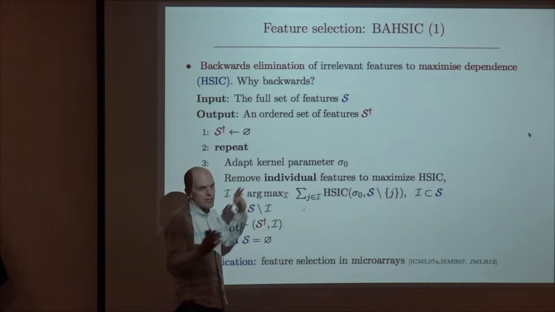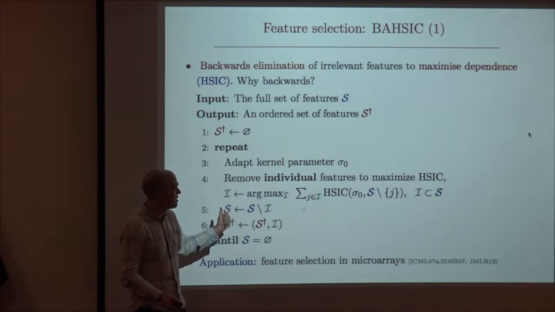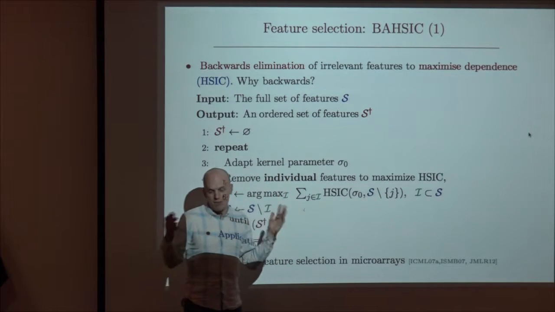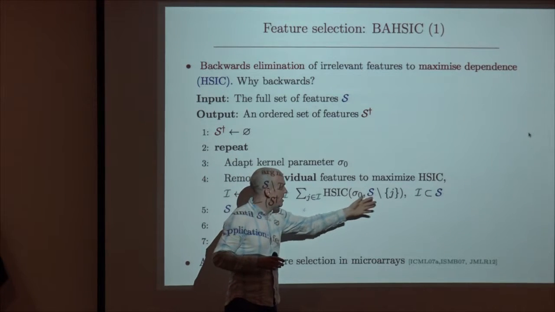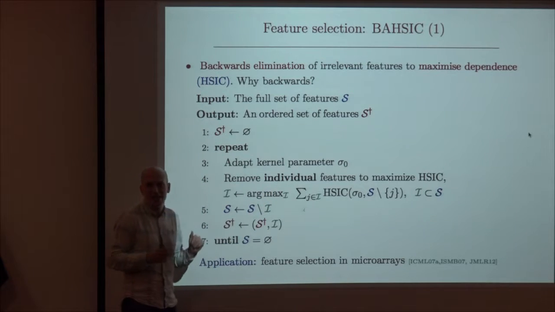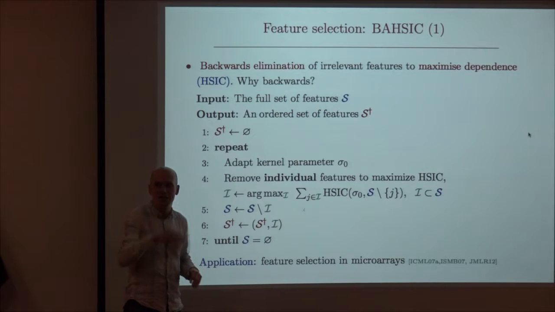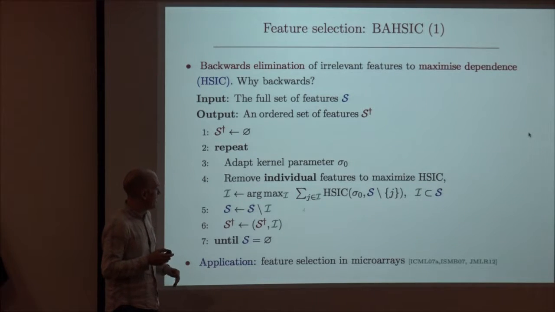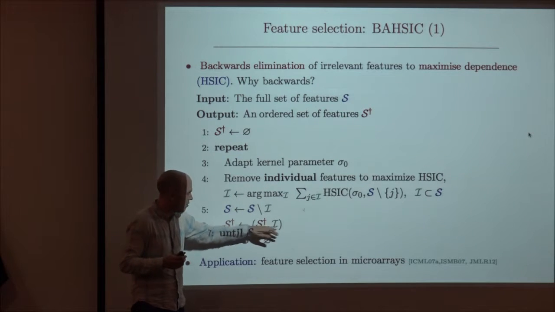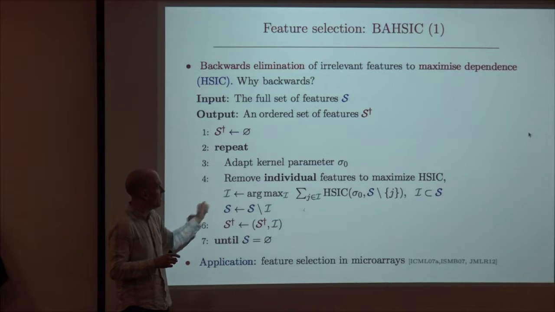What we would do is start by computing HSIC between the variables with all their features included and the labels, and then I would remove, either one by one or maybe in blocks of 10 or so, features from my feature set in such a way as to maximize my increase in HSIC. So if I remove noisy features that have no meaning, my dependence is going to go up. Then I just remove those features from my feature set, I append them to my list, always at the end of the list, so that I'm getting from least to most useful, and then I iterate.